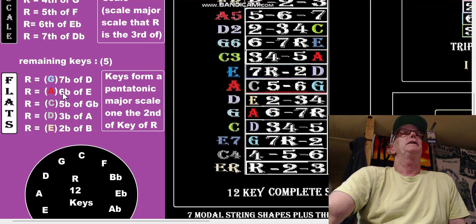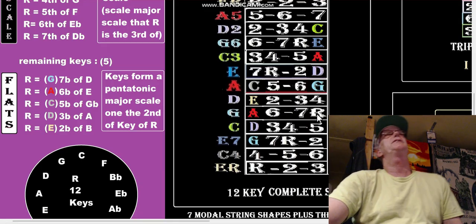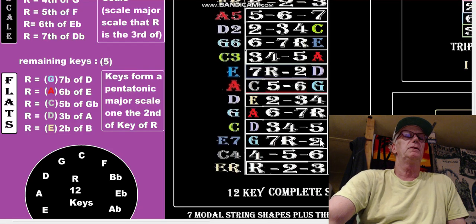When root is the 6th flat, root can be the 6th flat of G flat. So this is the key of G flat. When we look at that cage, and this is the key of D, the one with the G7 root 2. That's the key of D. You see what I'm saying?